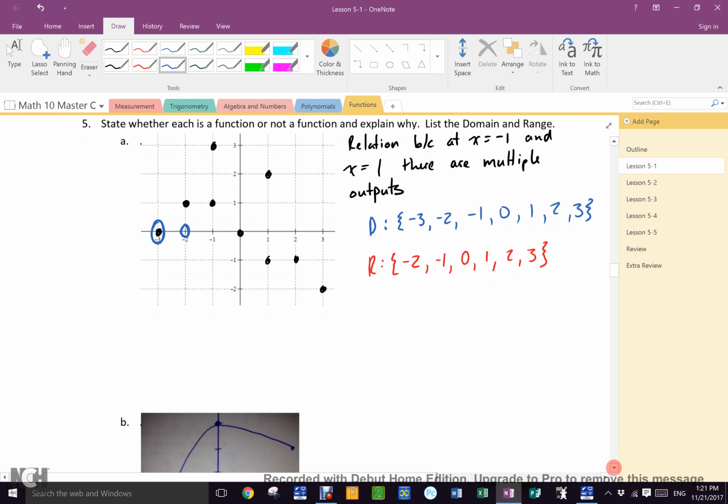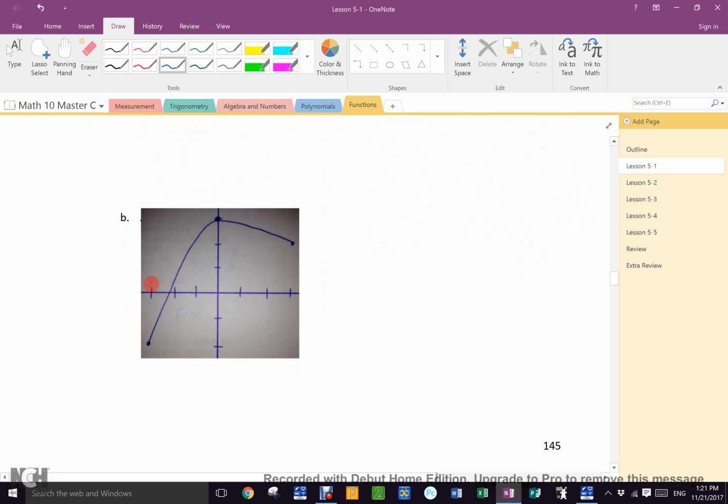Now, what is different about B? Here I am at -3. Here is -2. Are there inputs all the way along there? Yes. Do those inputs continue out to where? All the way out to there, yes?